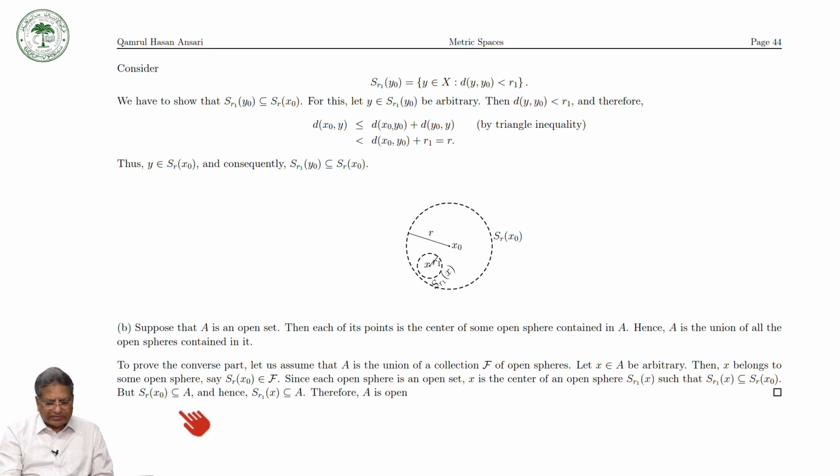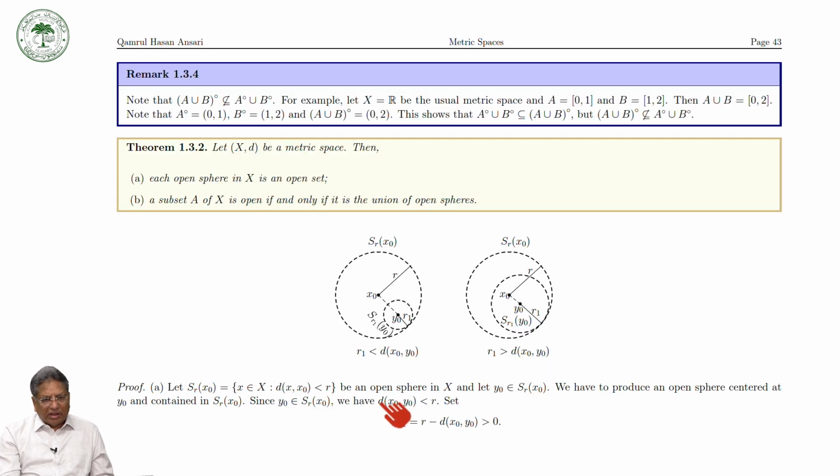But S r x naught is a subset of A, and therefore S r1 x is a subset of A, and therefore A is open. So this way we can prove that a subset A of X is open if and only if it is the union of open spheres.